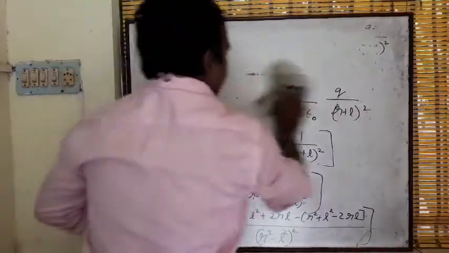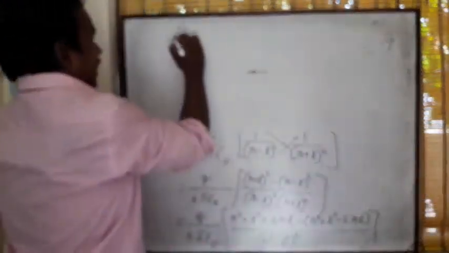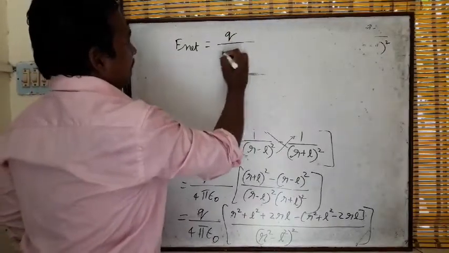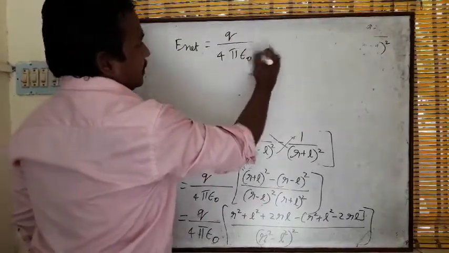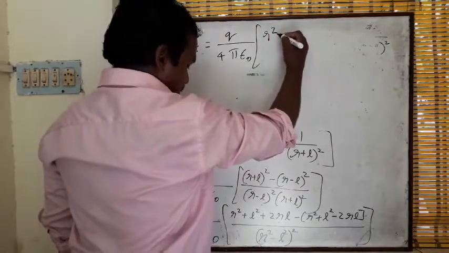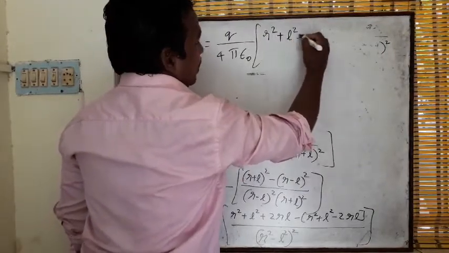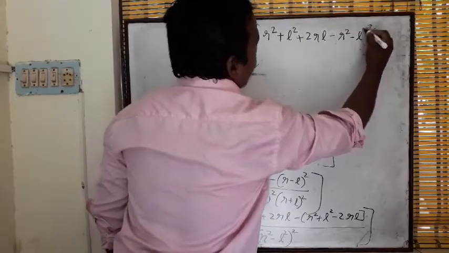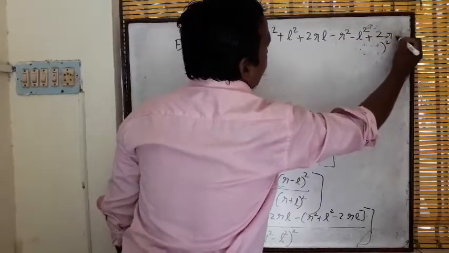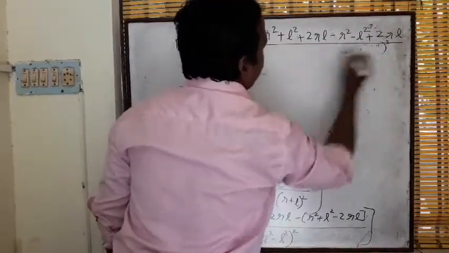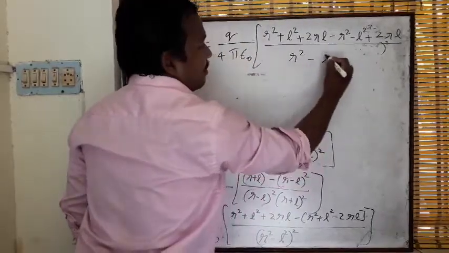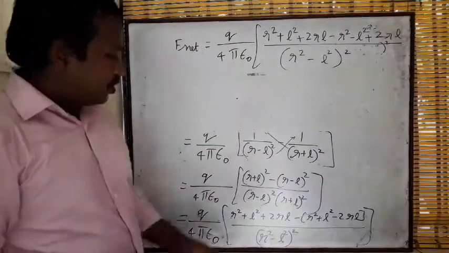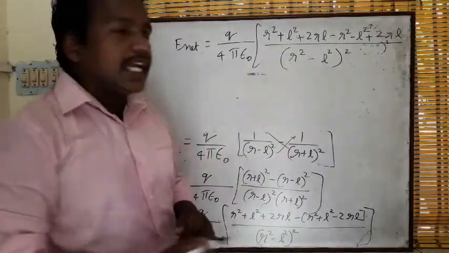So we are going to get the equation for E net. The resultant E value will be Q divided by 4 pi epsilon naught, R square plus L square plus 2RL minus R square minus L square plus 2RL, divided by (R square minus L square) whole square. So this is the equation I got.